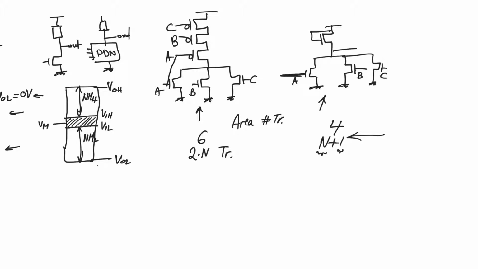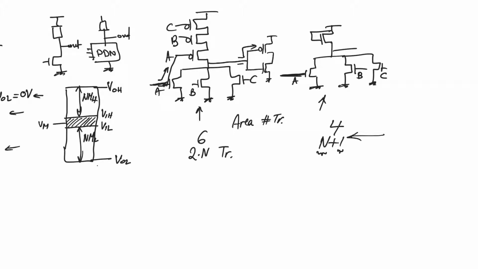The more major disadvantage we can see here: this gate provides a loading to the gate before it through both the NMOS transistor and the PMOS transistor. And this gate itself is going to also see inputs coming from a next CMOS gate. It could be an inverter, it could be anything else.